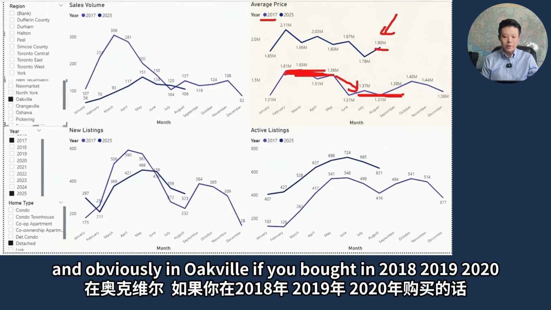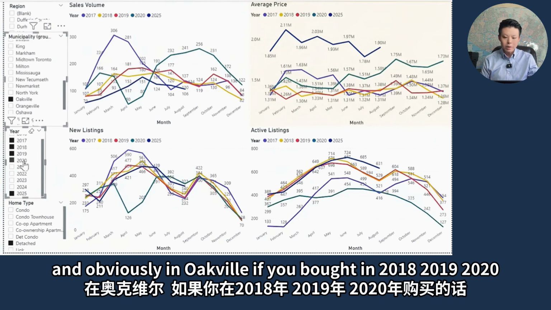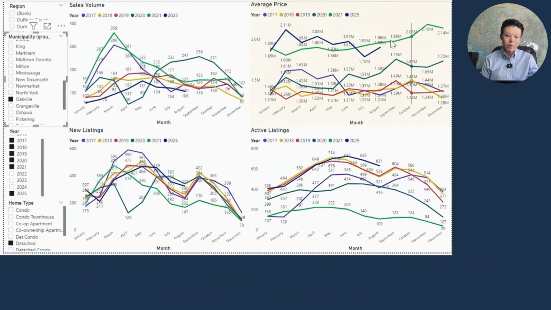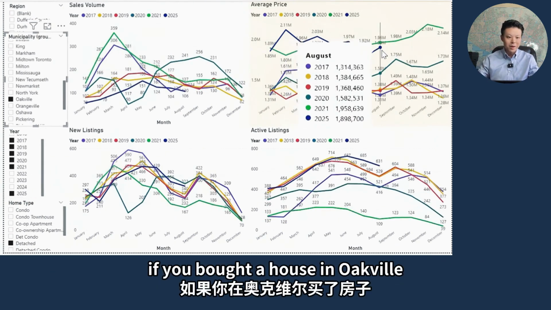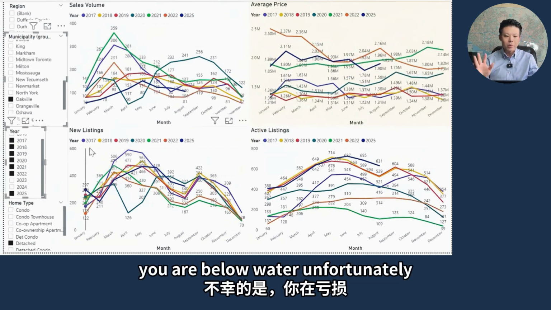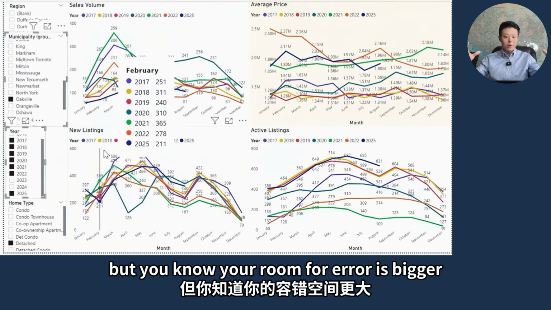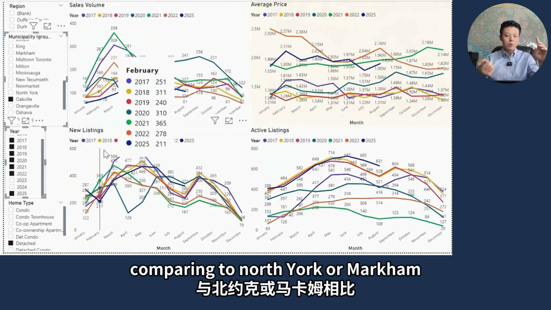And obviously in Oakville, if you bought in 2018, 2019, 2020, you're still good. 2021, you're below water, right? Just like everybody else. If you bought a house in Oakville in 2021 and 22, you are below water, unfortunately. But you know your room for error is bigger comparing to North York or Markham.